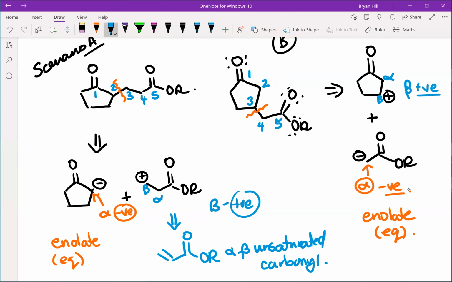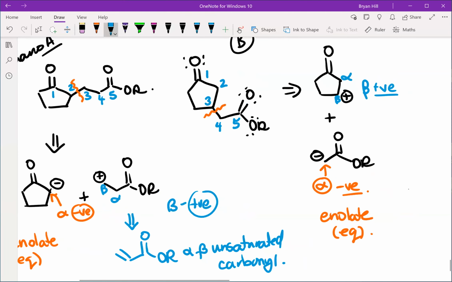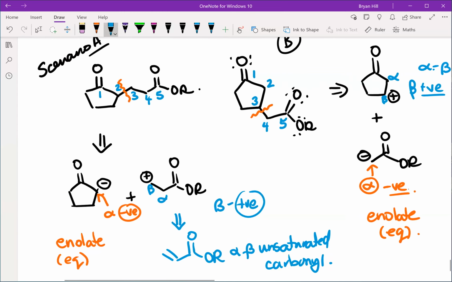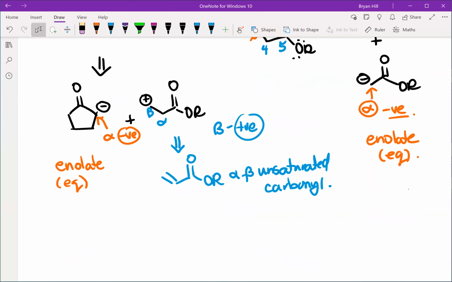In this case, it just happens to be an ester, and over here, this would be an alpha beta unsaturated ketone. So this would be 1,4 addition or Michael addition. So 1,4.